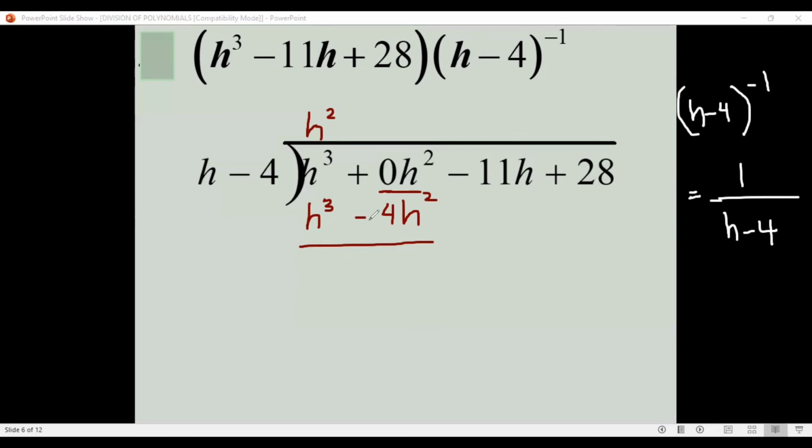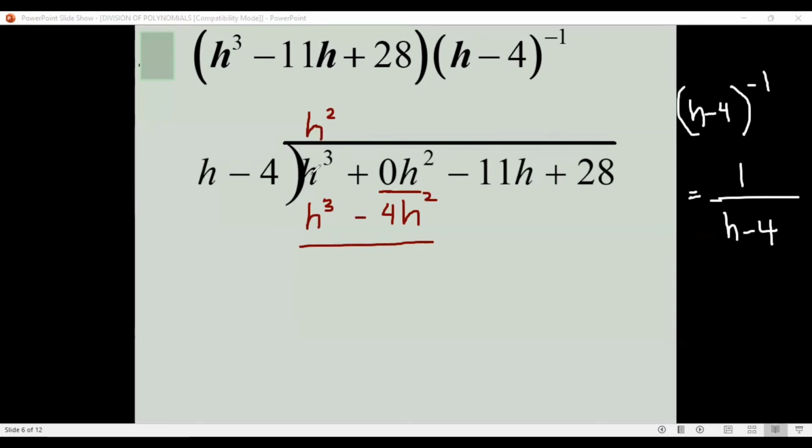Okay, so again, if there is a certain term in your polynomial and there is a missing exponent, you have to complete it by inserting the missing exponent, but don't forget to put 0 as the numerical coefficient.